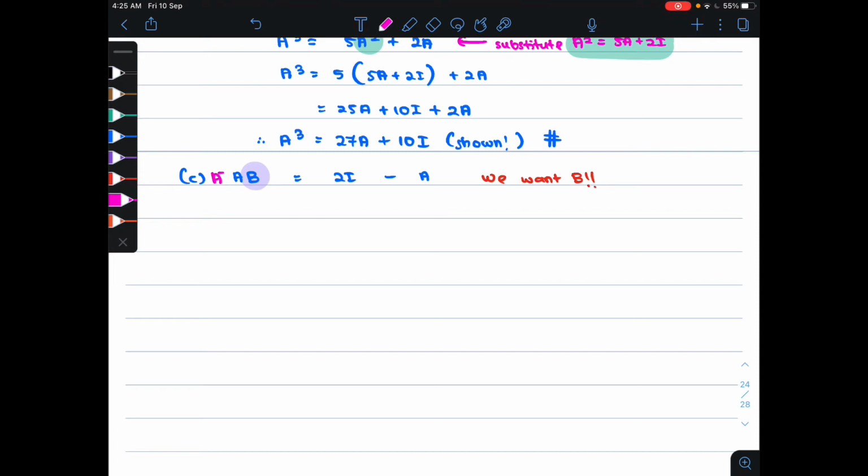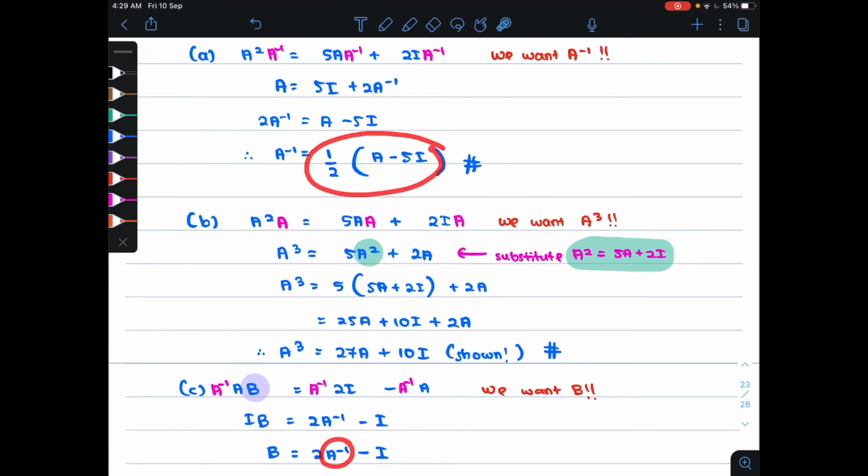So, I'm going to put A inverse next to A. Therefore, we're going to put A inverse here as well. Therefore, by simplifying, B is equal to 2A inverse minus I. But don't forget that previously, you have found A inverse.